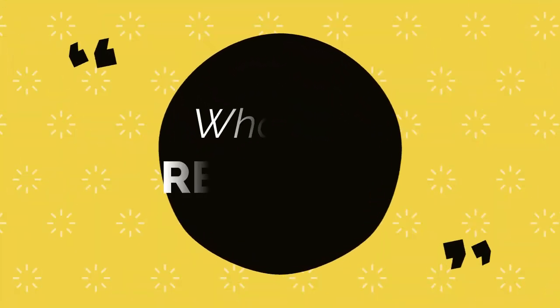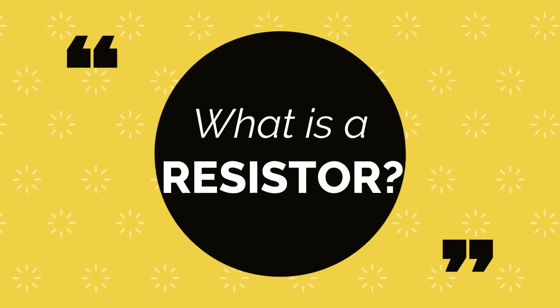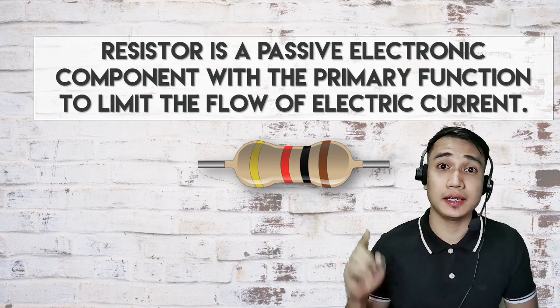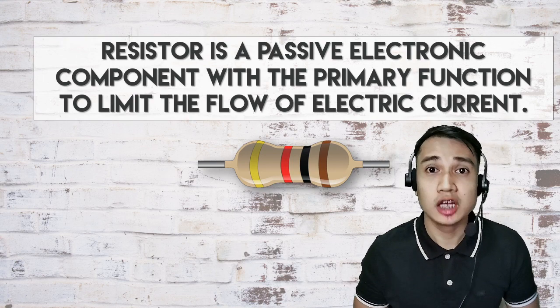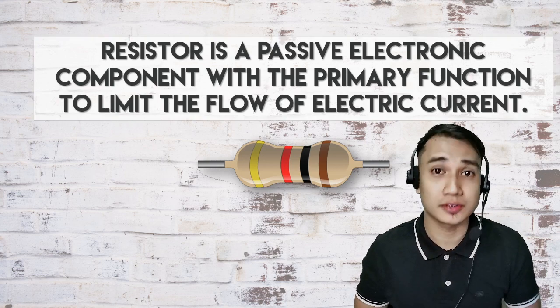Welcome back again mga kaibigan. For us to understand first the resistor color coding, we need to know what is a resistor. A resistor is a passive electronic component with the primary function to limit the flow of electric current.